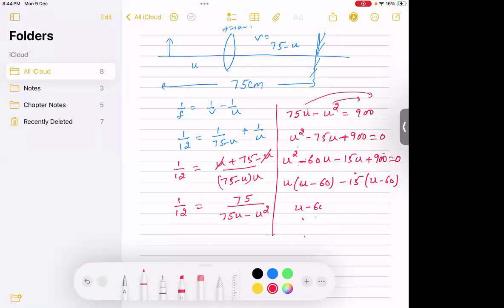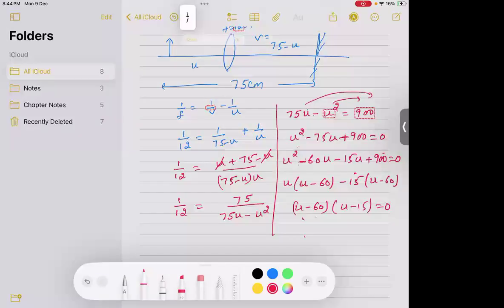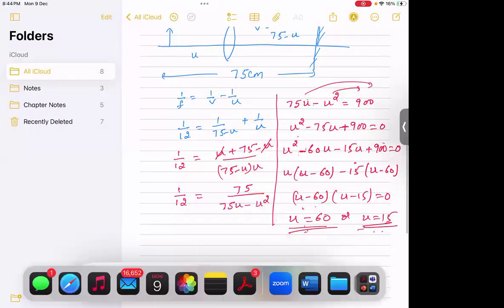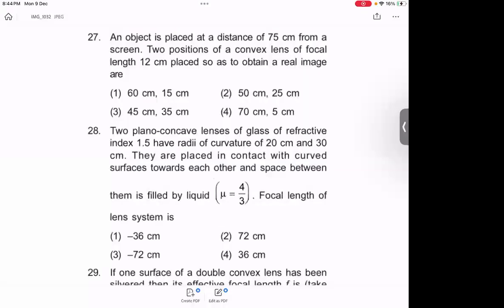So u minus 60 into u minus 15 equals 0. So this implies u equals 60 or u equals 15. So what are the object distances? 60 centimeter or 15 centimeter. First option, students. 60 centimeter and 15 centimeter.